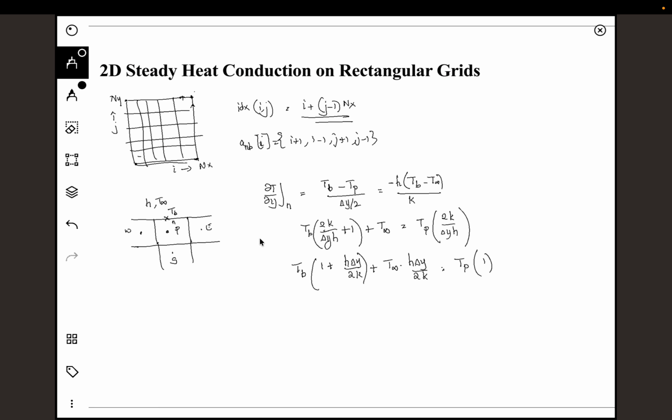So if I write it like this, basically we'll have this term. This is something that we already know, and all these values are known. This will go into the source term. This is basically the Dirichlet condition term, so this entire thing will go into the source term.